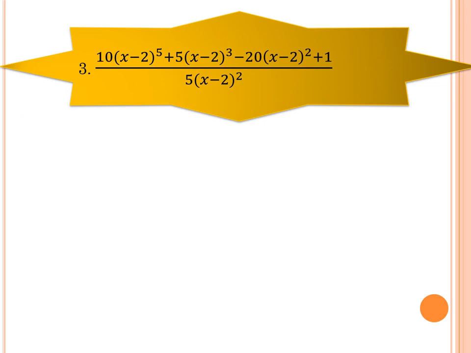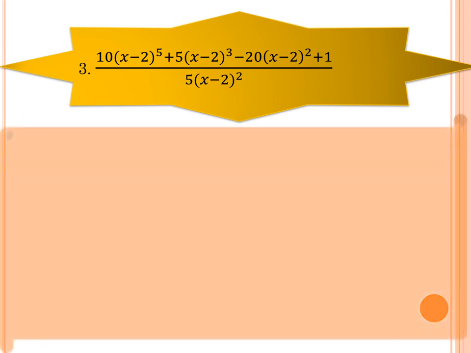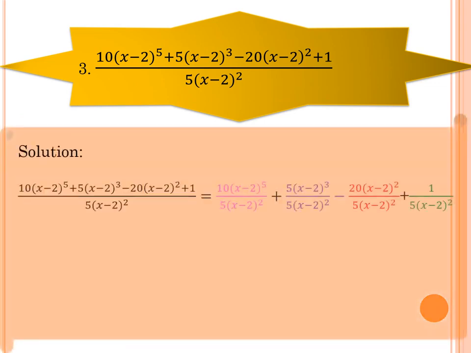For our example number 3, given this expression, to solve this one, we're going to divide each term of our numerator by 5 quantity x minus 2 to the power of 2. Okay?